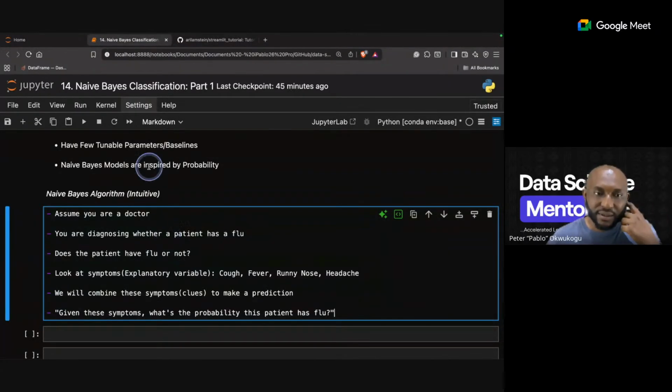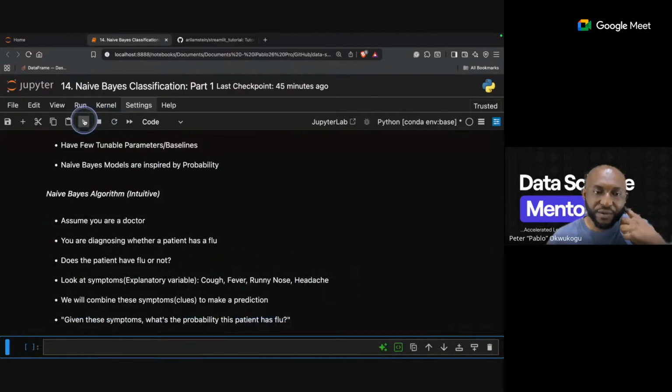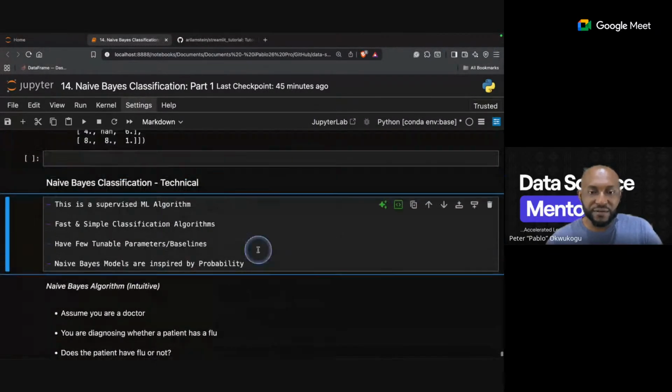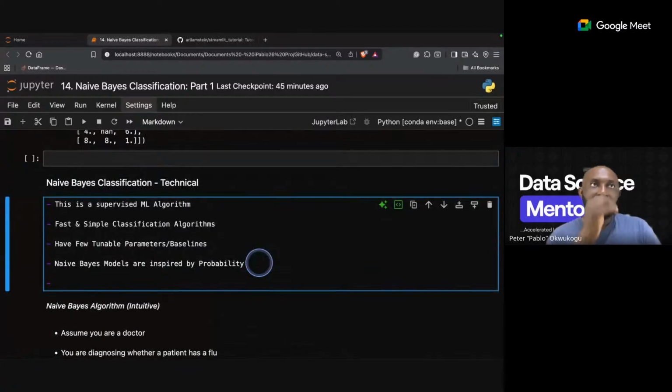So that's for now. If you were looking at it from a technical perspective, right? Let me come back to this technical side of things. Now in the technical side of things, we would write a lot of technical statements, right?